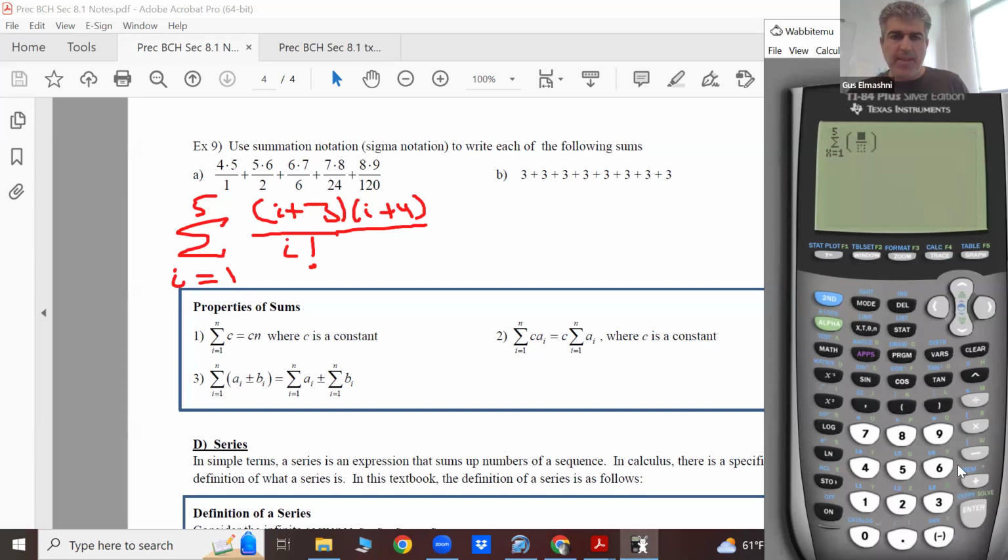You could punch in a fraction like that. x plus 3, x plus 4, and then x. To pull a factorial, you have to go to math, probability, option 4. Guys, quiet, please. Whatever you just put away, please. Thanks. So 674/15. Yeah, that's all.